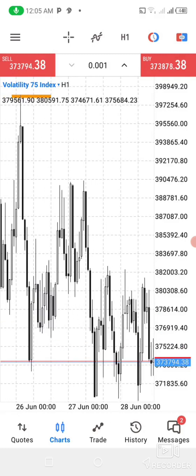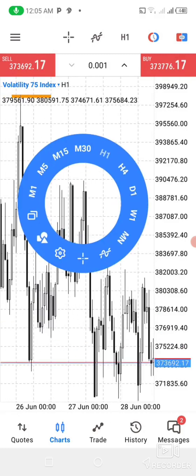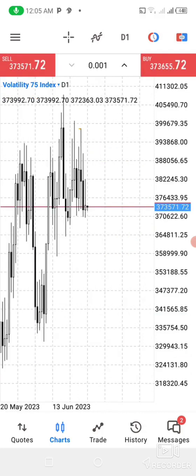Okay, the best way to know is to predict a valid low or a valid high of the day or of the week or of the month or of the year, depending on the trading platform, if they allow a yearly time frame.